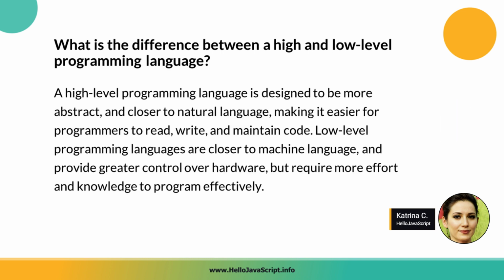A high-level programming language is designed to be more abstract and closer to natural language, making it easier for programmers to read, write, and maintain code. Low-level programming languages are closer to machine language and provide greater control over hardware, but require more effort and knowledge to program effectively.